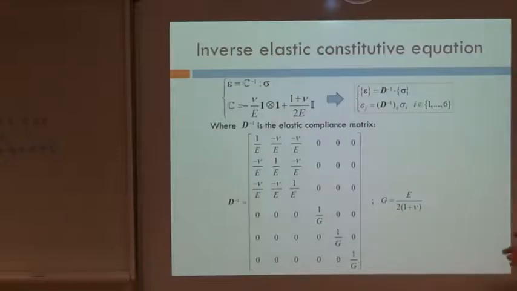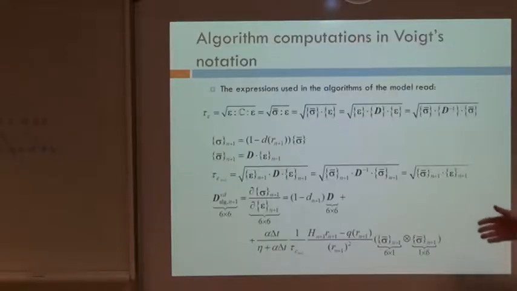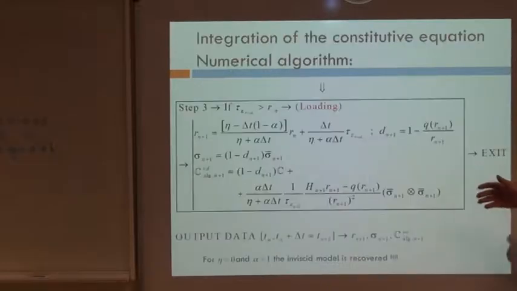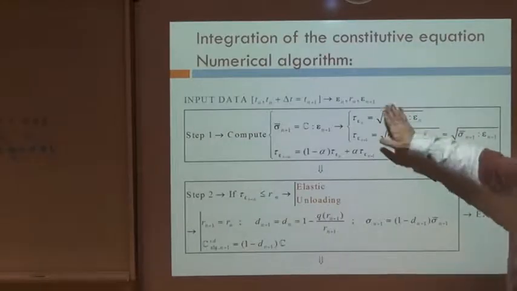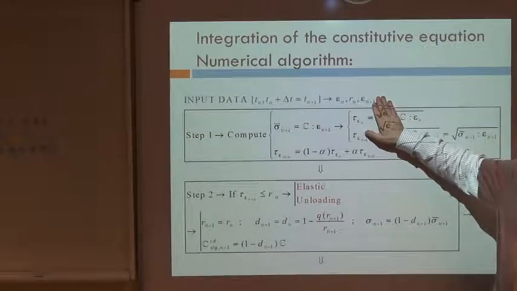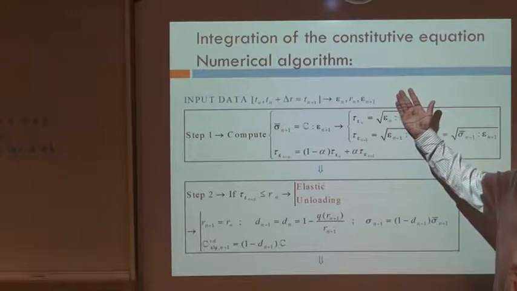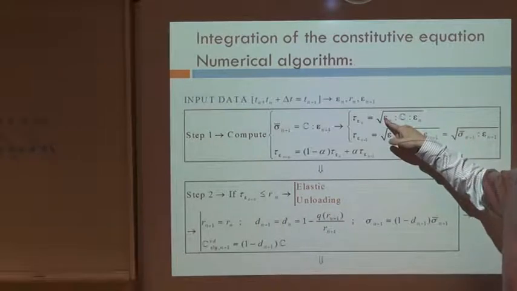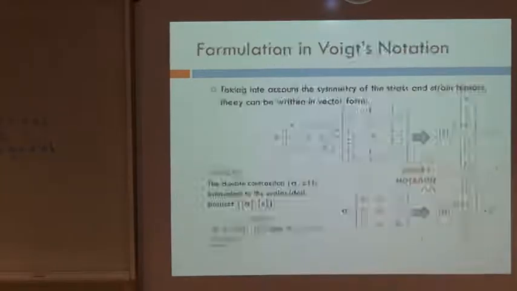So again here, whenever I see that in the algorithm, whenever I see C times epsilon, I just put D, the 6 times 6 matrix, times the vector of strains. And then this is a vector multiplied by then a new vector stands here. So typical expressions like that emerge.